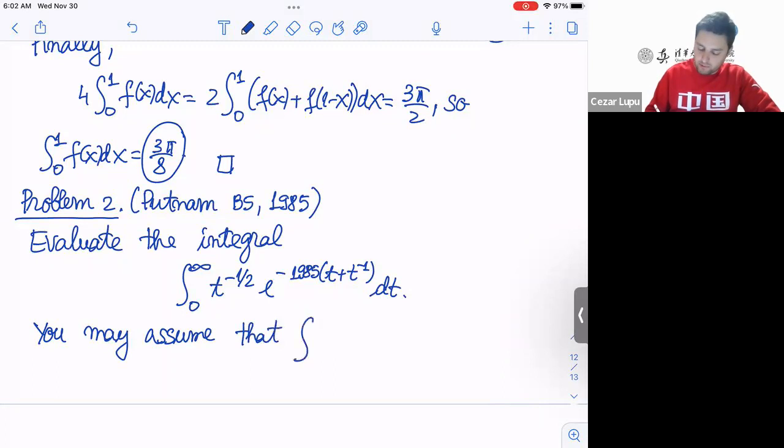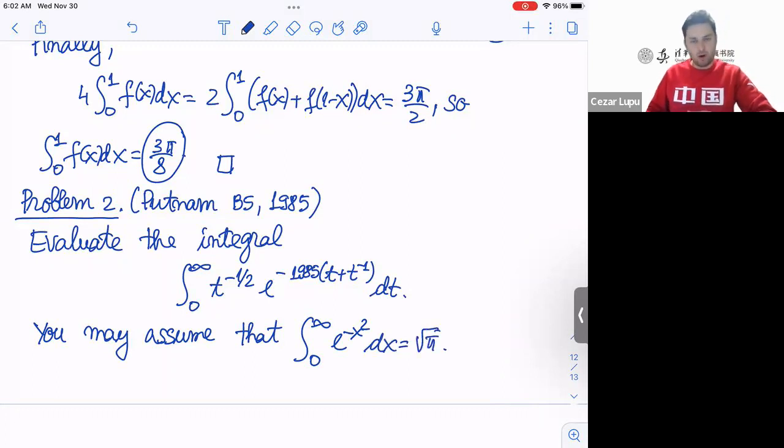And of course, we may assume the Gaussian integral, the very famous one, the integral from 0 to infinity of e to the negative x squared dx is square root of pi. All right, we're going to talk about that a little bit because we can also prove it.